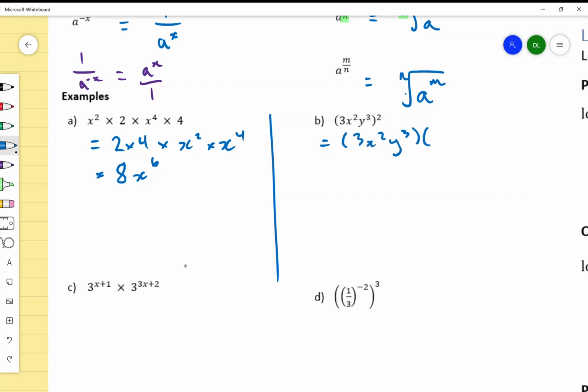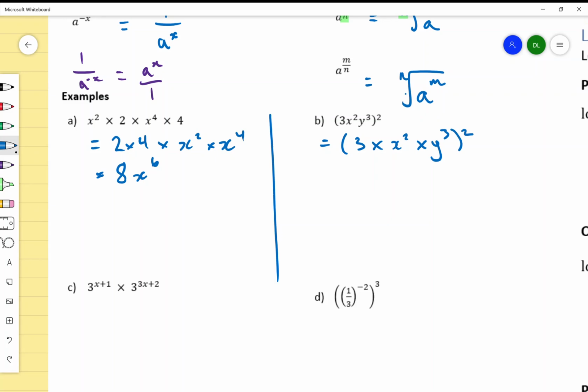I think there is an easier way than doing this because remember, this is one big term there. We're not adding. So what you have to do is square every single term, every single value inside. So the first one we have is 3, because right now it's the same as saying 3 times x squared times y cubed, all squared. Would you guys agree it's the same thing?